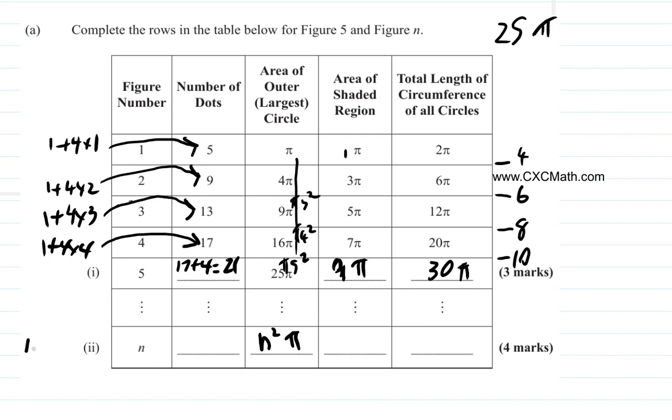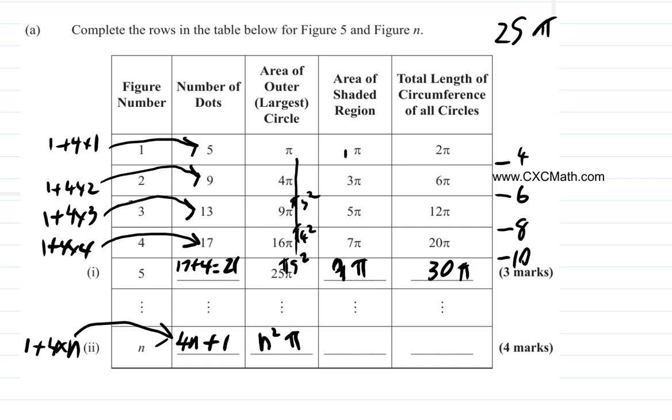This would be 1 dot plus 4 dots each time, n number of circles. So it's 1 plus 4n, or you could say 4n plus 1. So that's how you get this. Alright? You see that? Okay.